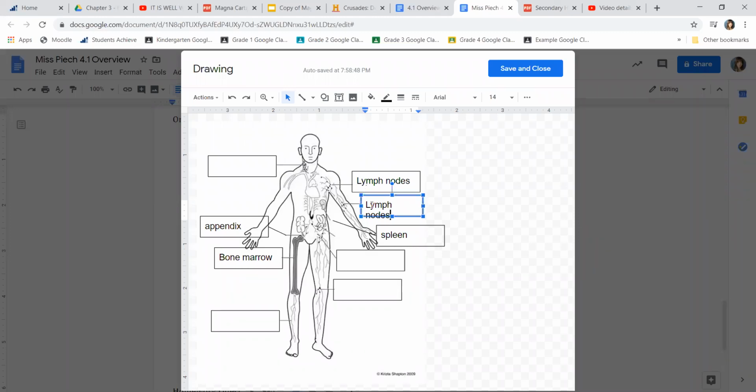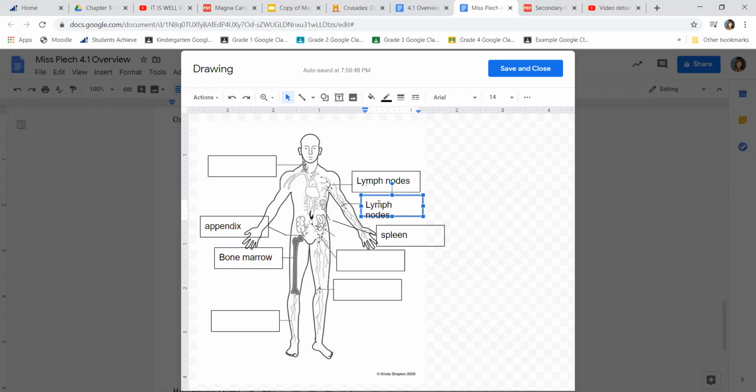Right now I'm talking about the lymphatic system, which is part of our immune system. The lymphatic system is a network of very small tubes or vessels, and they drain something called lymph fluid. That lymph fluid is a clear watery fluid that contains proteins, salts, and other substances.